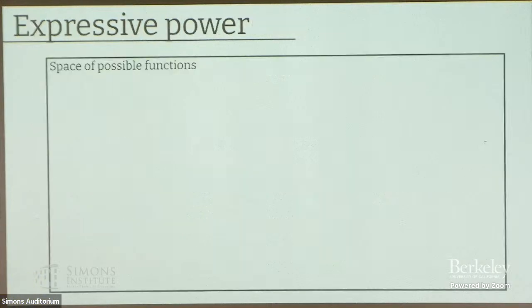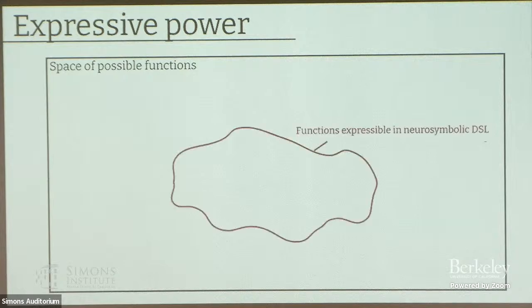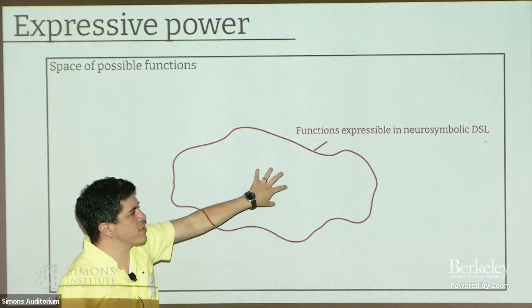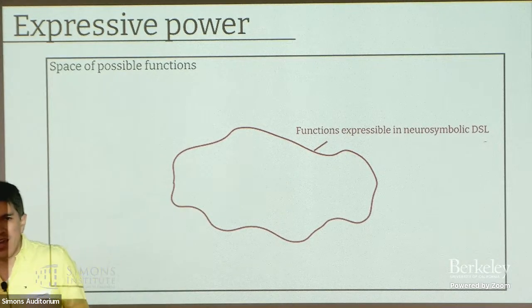Now, what are some of those assumptions? Essentially, it boils down to your ability to actually do optimization over these spaces, as well as the expressiveness of the neural networks that you're using to plug in those holes, right? If we think of the space of possible functions, here's a subset of that space that corresponds to the functions that are expressible in my neurosymbolic domain-specific language, right?